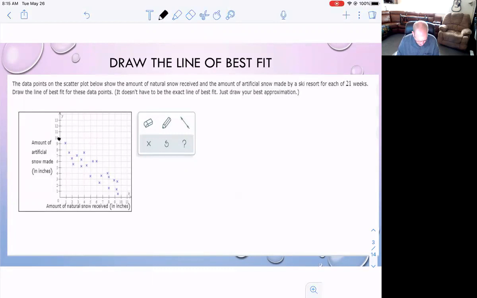And let's see, so I am at 10, and what if I went to 10? Whoops, that would be 11. So 10 would be like there. Okay, so there's my line of fit.